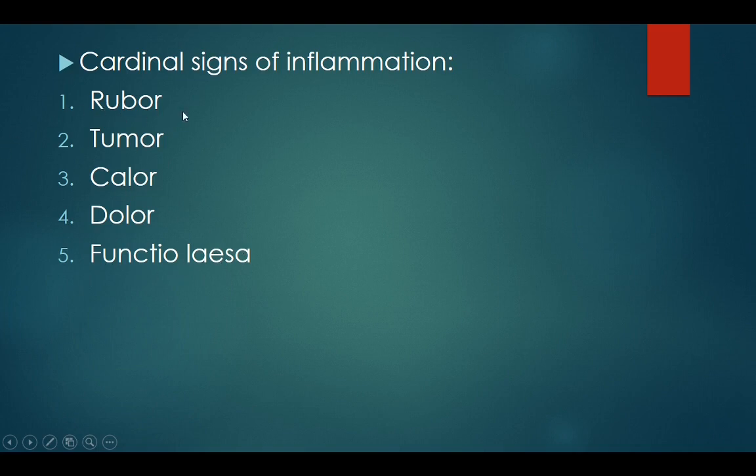Rubor means redness, tumor means swelling, calor means increase in the temperature of the area, and dolor means pain in the area. Functio laesa means if there is inflammation in any part of the body, it will hamper its function.